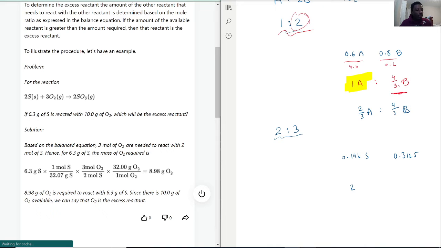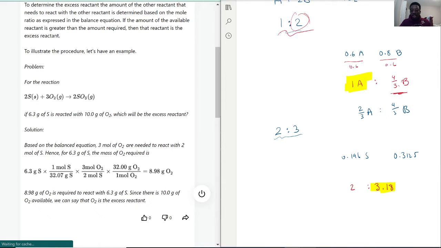And then now 0.3125, divide that by the 0.196, and then multiply that by 2, because that's how we got the 2 here, and we get 3.18. So as you can see here, they're not the same in terms of the mole ratio, and this 3.18 is greater than the 3 that's given on the other side.